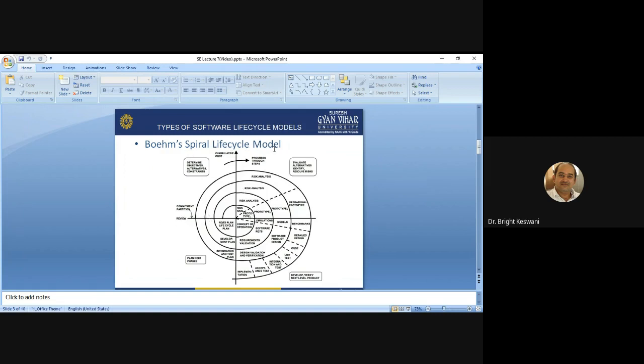the spiral lifecycle model. Each cycle of the spiral uses the same high level processes that are outlined: determine objectives, alternatives, and constraints; evaluate alternatives, identify and resolve risks; develop and verify the next level product; and plan the next phases.